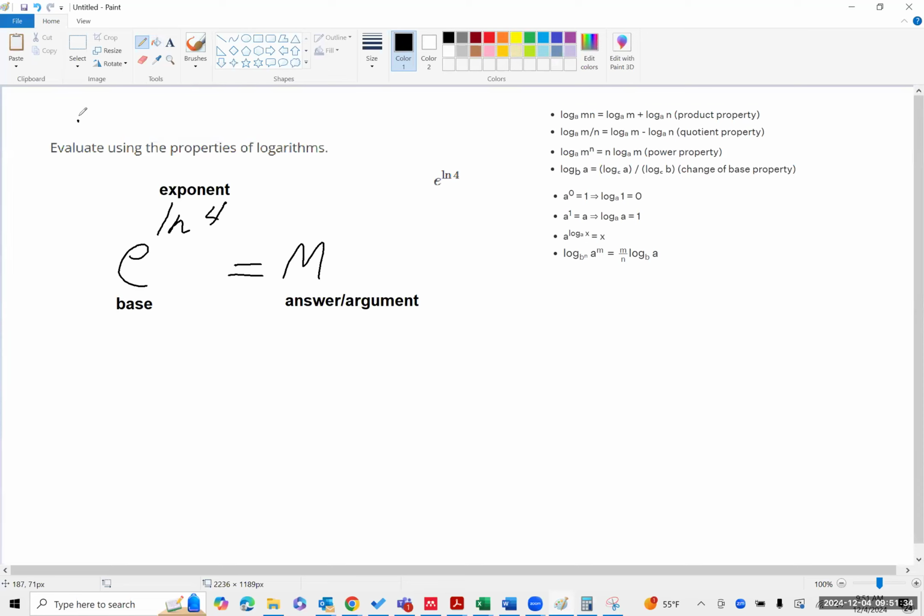And so what I'm trying to allude to is that we're going to write this as log base E, and then our argument goes here. And in a logarithm, the exponent goes on this side.